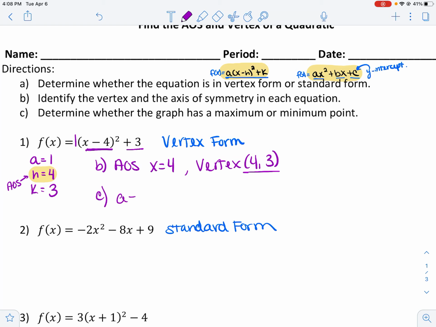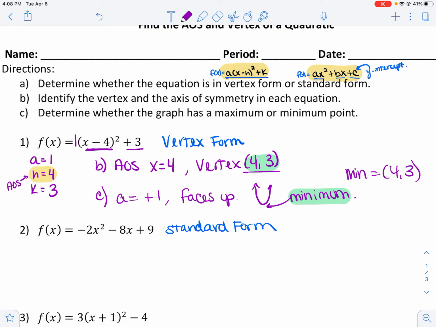So since a is equal to positive 1, if it's positive, the graph faces up. And if a graph faces up, then it must have a minimum value. The minimum of this function is going to be the vertex point. So the minimum is (4, 3), or more generally, we just refer to the minimum as the y value. So the lowest point on the graph would be at 3. So that's in vertex form.